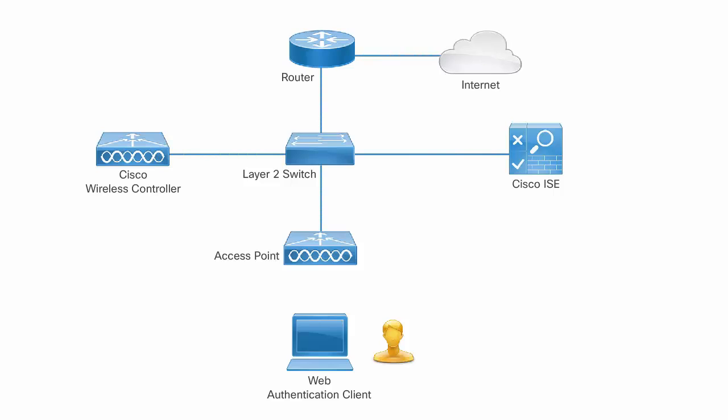When a WLAN client is associating with a Central Web Authentication SSID, Cisco WLC sends an access request message to Cisco ISE, requesting access for the device, even if the MAC address of the client is unknown to Cisco ISE.